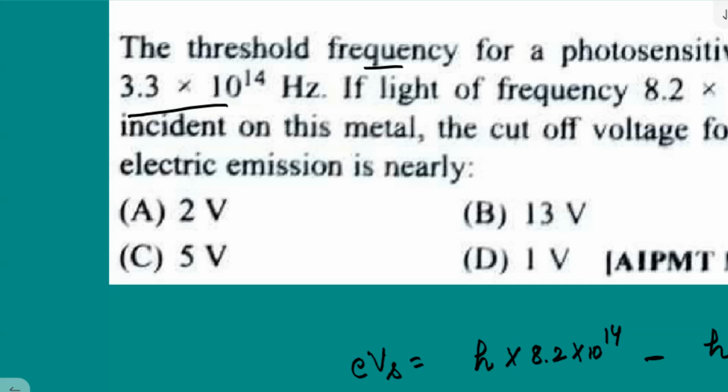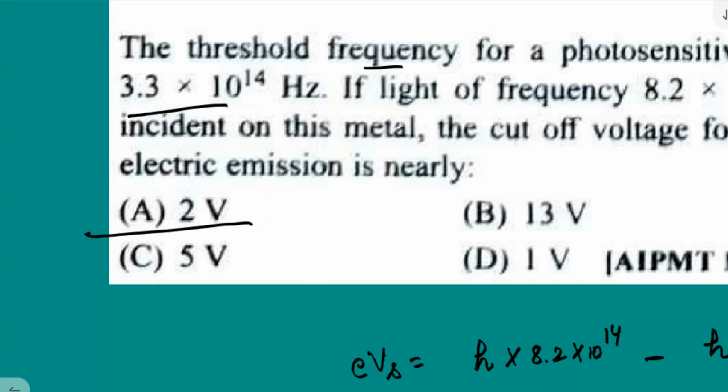So basically we will be left with 6.626 into 4.9 divided by 1.6 into 10 raised to the power minus 1. Now we can approximate that this will cut approximately on 3, and from this we will get around 20 into 10 raised to the power minus 1. So that will be approximately 2 volts. That is option A for us.